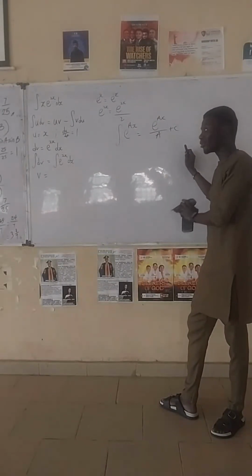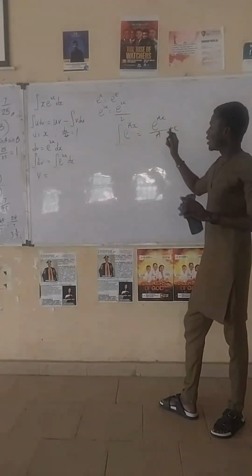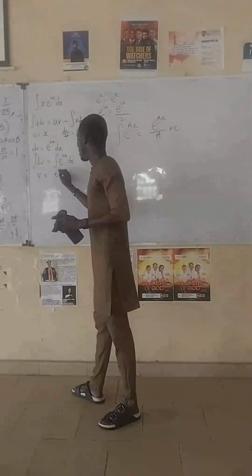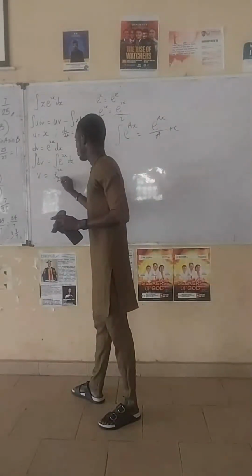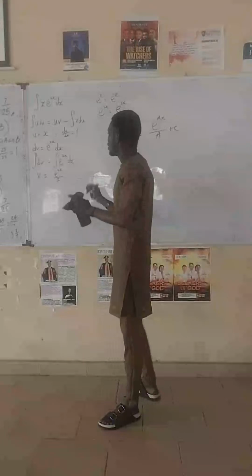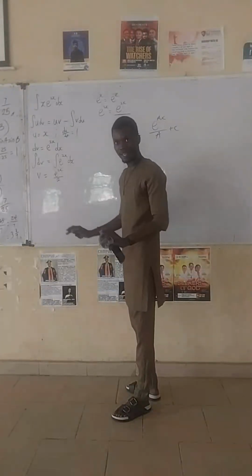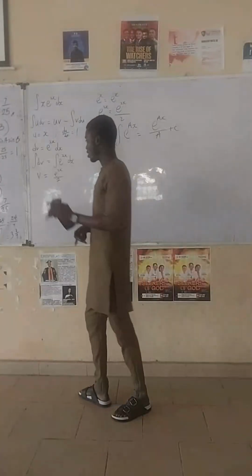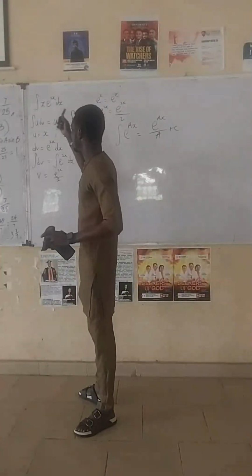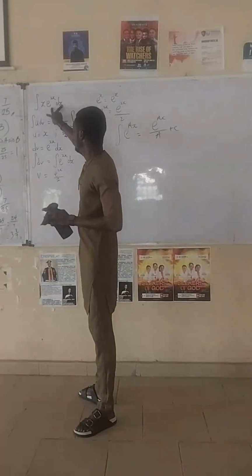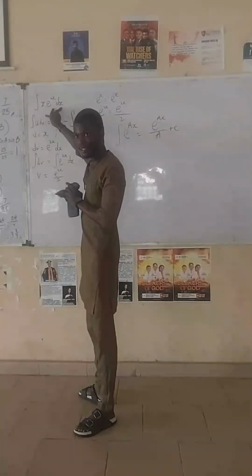So if you apply this here, this will give us exponential 2x over 2. We are not writing the plus c until we get the final answer, before we add the constants. As I recall, u is the first one and dv is the second one with the x.